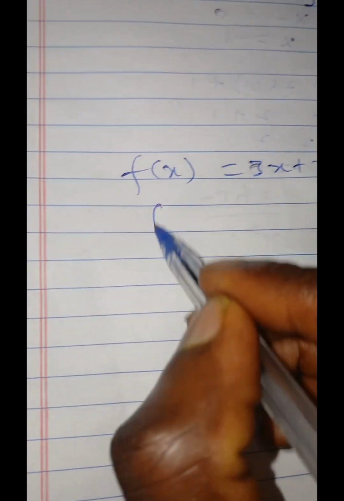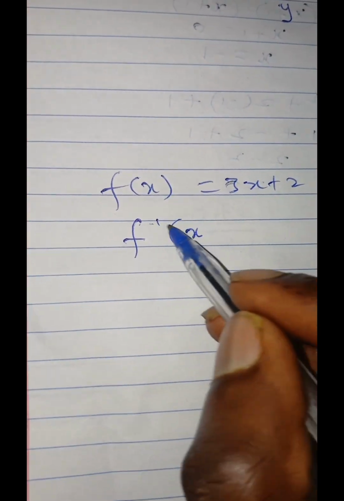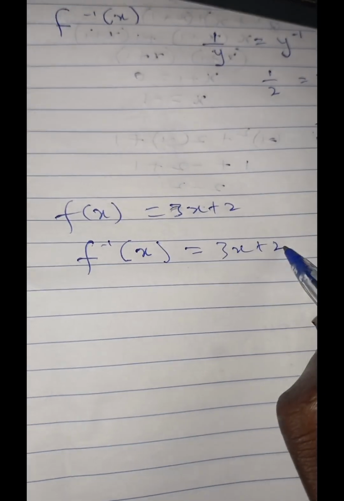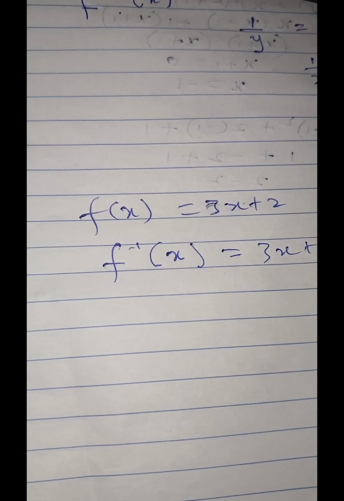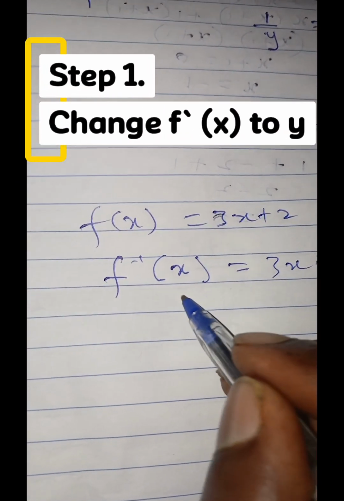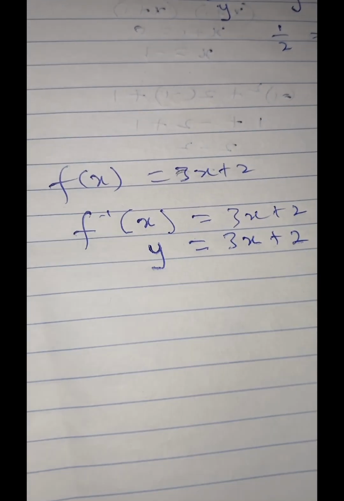So the inverse of f(x) = 3x + 2. The first thing we are supposed to do is change f(x) to y. So y = 3x + 2.